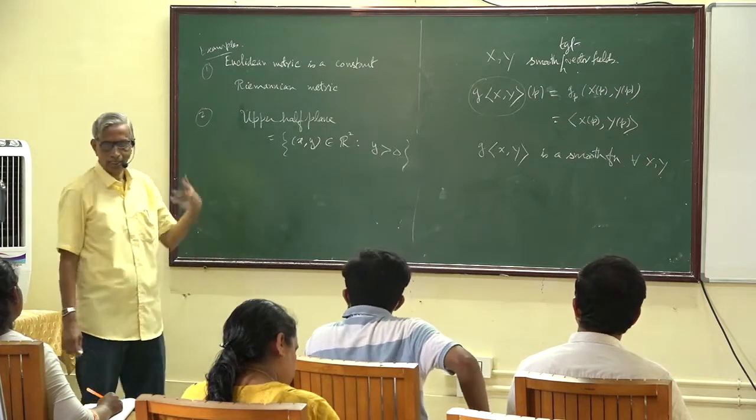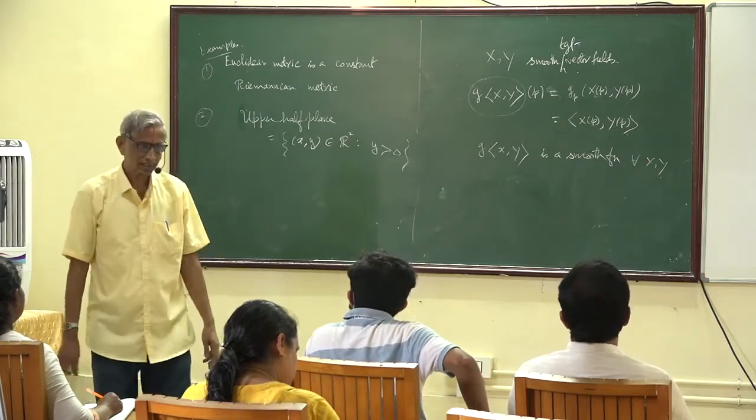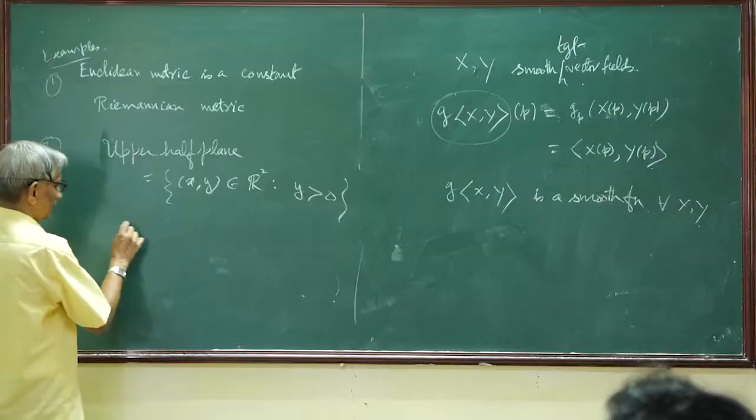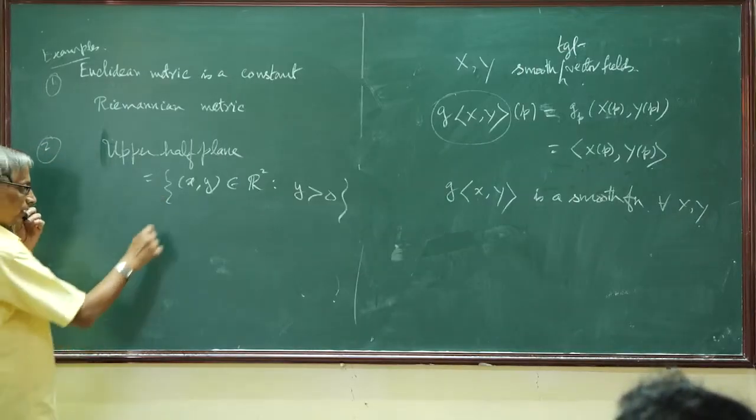So define a metric as 1 over y square. That means, what is the tangent space at any point z?